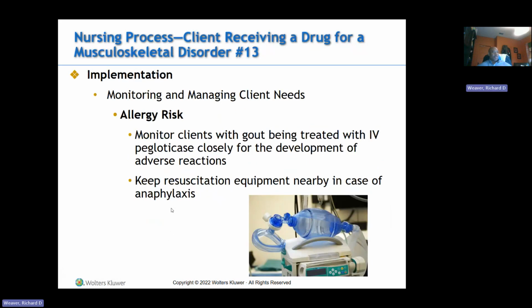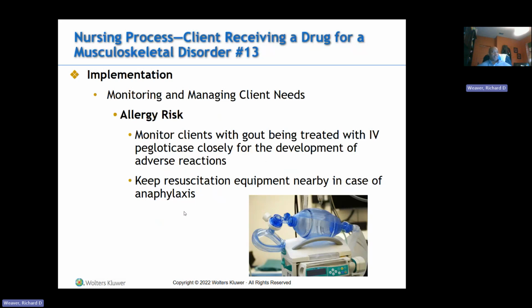And anyway, I'm going to let you guys read the rest of it. Again, this is what we have pretty much covered already. This is really important. Keep resuscitation equipment nearby in case of anaphylaxis. Remember, with anaphylaxis, it can cause swelling of the upper airways, and the airway is compromised.